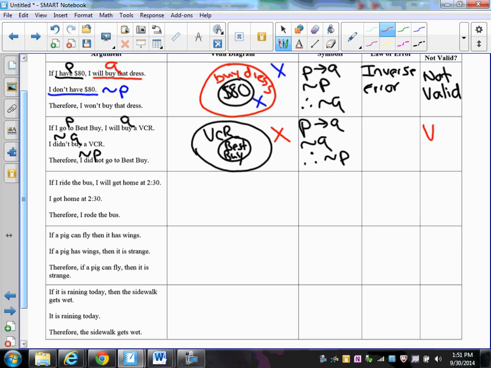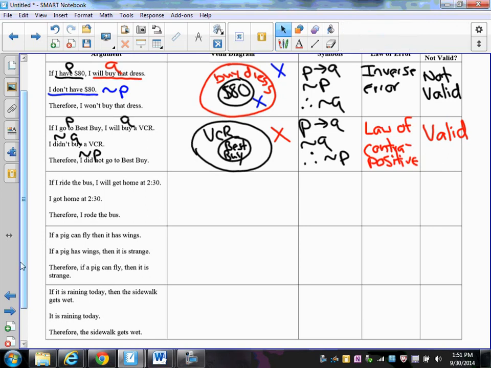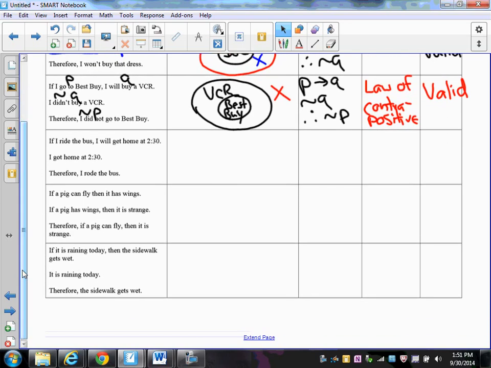This is a valid argument. I can't ever go to Best Buy while not buying the VCR. And this is a rule. This rule was called the law of contrapositive. So if you're unsure of the law of contrapositive, just go back to the prior page and you'll see it's the same argument.